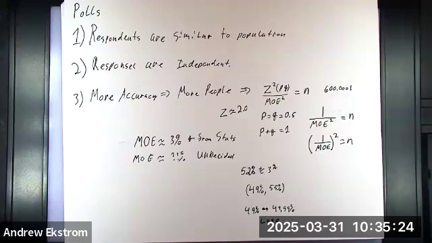So when you take into consideration the 3% from the margin of error that comes from stats plus all the undecideds, you might actually end up with, say, plus or minus 10%, plus or minus 15%, something like that.